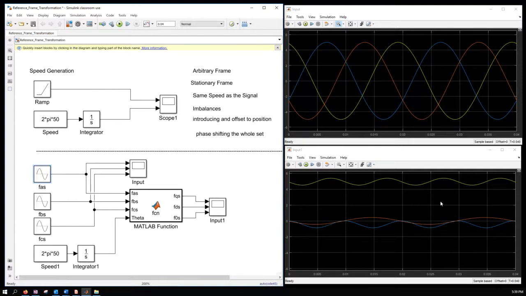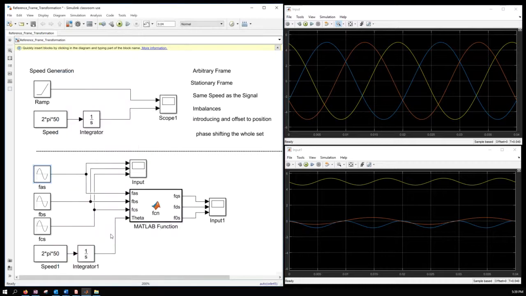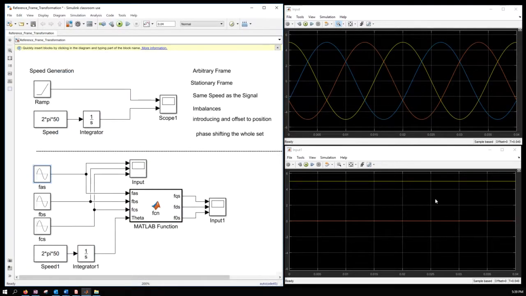So that has a direct influence on the transformed variable. So we have to be very careful. Let me make this 0, and we can go back to our original properly transformed variables. So now there's no offset, no error. It's back to DC.